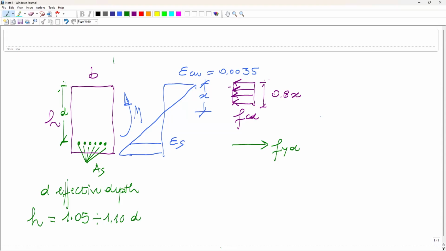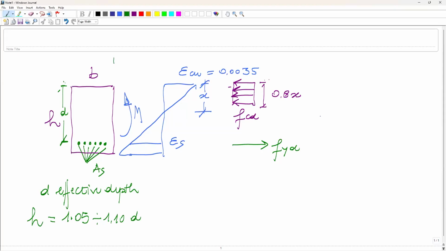Now, in all the codes nowadays, since steel is a very ductile material and its rupture strain is 6, 7, even more percent, in the codes we consider that steel is an infinitely deformable material. So there is no strain limit to steel.